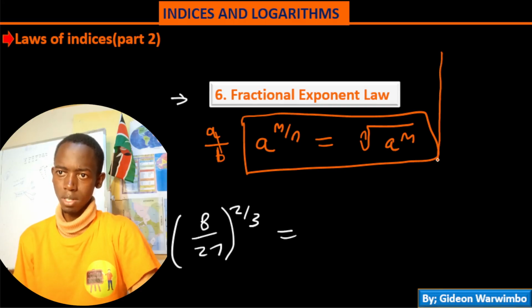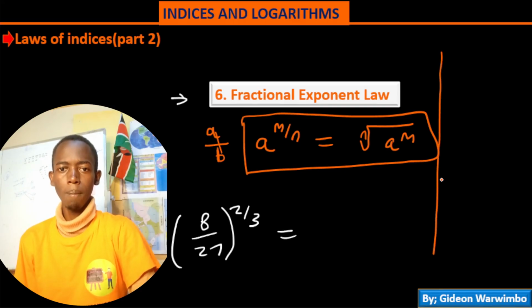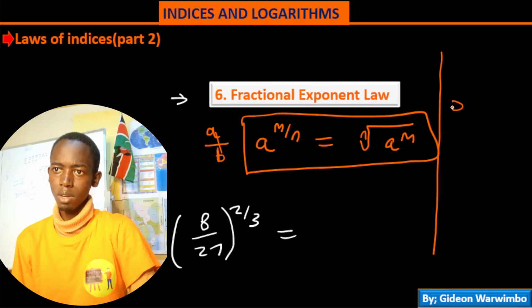Suppose that you've got a number like 8, and you are told that this 8 is raised to the power 2 over 3. How should you deal with this one? The way that you deal with this one is that you take the root as this one. The root will now be 3, therefore we'll be finding the cube root of 8.